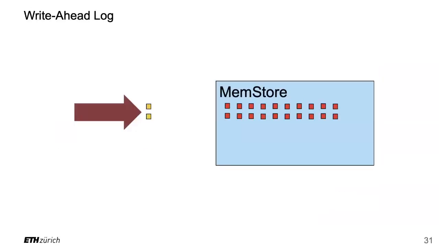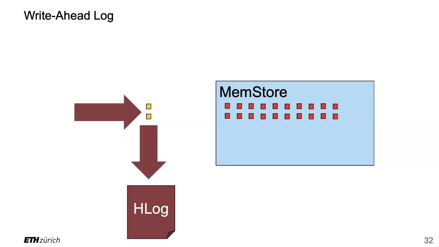So what we do is that we use what's called a write-ahead log. A write-ahead log basically is a journal of all the transactions. It means that whenever somebody wants to insert a new key value or multiple new key values into the MemStore, before you do that, you put them in a file that's called an HLog, right?